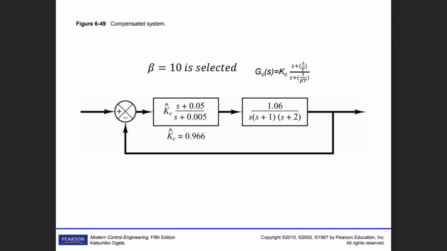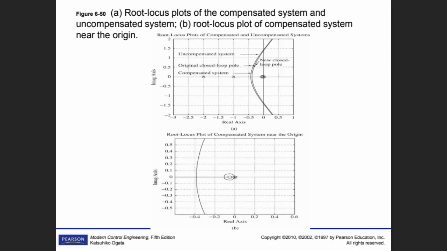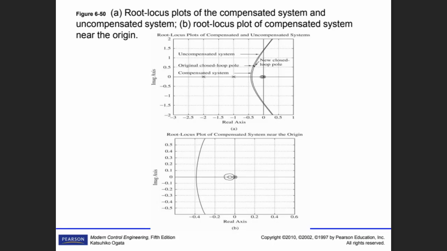For this system, when you solve the system like this and then draw the curve, I will show the curves now. New closed loop, sorry, new closed loop is not changed.